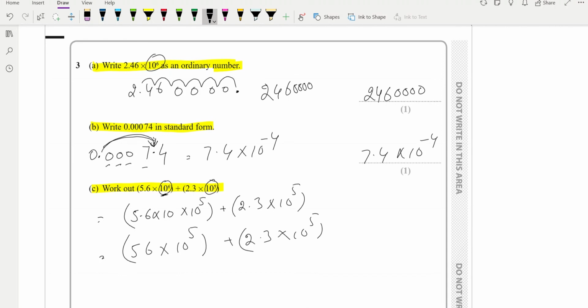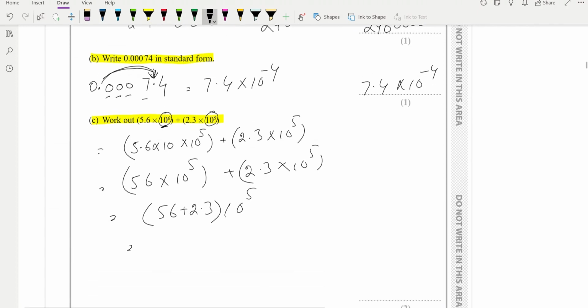Now we can take 10 raised to the power 5 as common, and inside will be 56 plus 2.3, and this will be equal to 58.3 times 10 raised to the power 5.